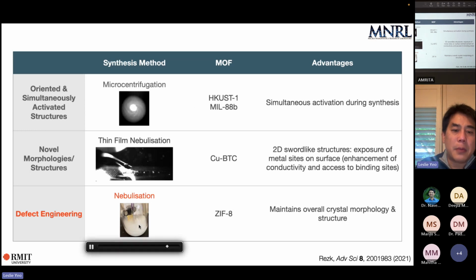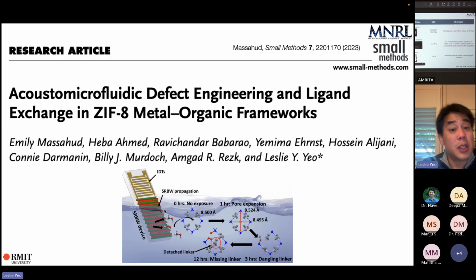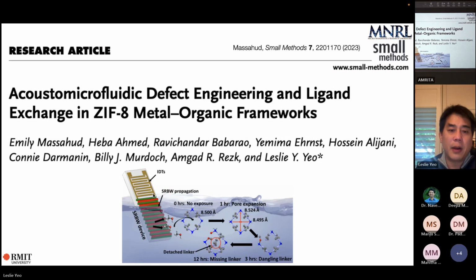We can also do the nebulization to actually create defects in the morph, right? So this was work done by a PhD student, Emily Masahood, quite recently. And we exposed, in this case, ZIF8, okay, to hours of this nebulization.